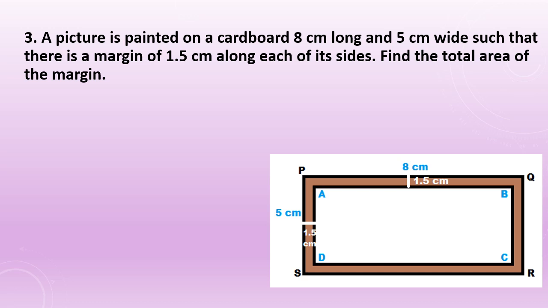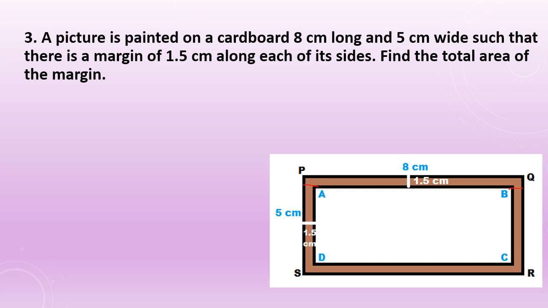The cardboard is PQRS and the length and breadth of the cardboard are given. So to get the length and breadth of ABCD, we have to subtract 1.5 centimeter plus 1.5 centimeter from both sides. Here is 1.5 centimeter, here also 1.5 centimeter. So 3 centimeter we have to subtract from the length and breadth to obtain the length and breadth of the picture to be painted.